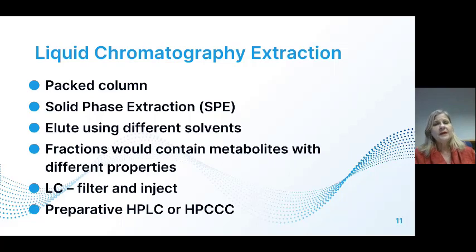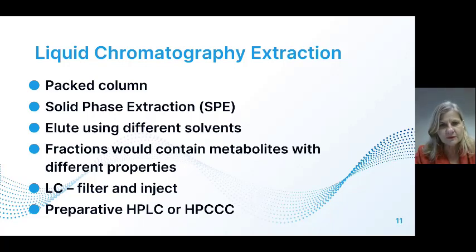As I said, with the packed column and the solid phase extraction, you will elute with different solvents, and each fraction that you collect will contain specific metabolites with specific properties. There are two other ways in which you can clean up your extract a little bit.